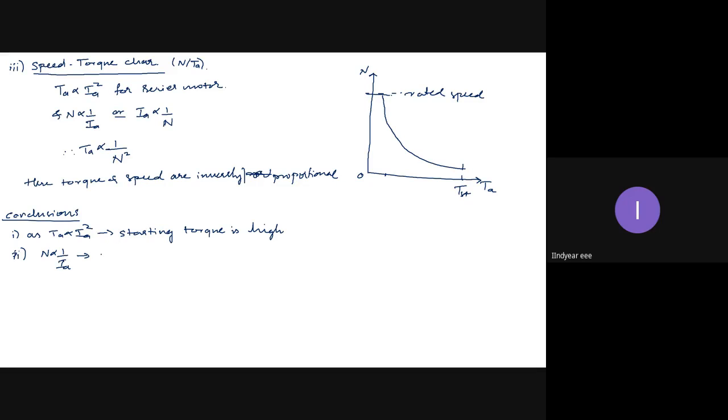Okay, Ia is equal to 0. Or before that, we can also conclude here, as Ia varies with load, DC series motor is also known as variable speed DC motor.